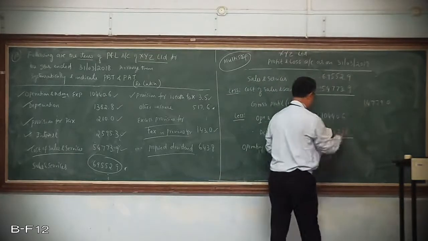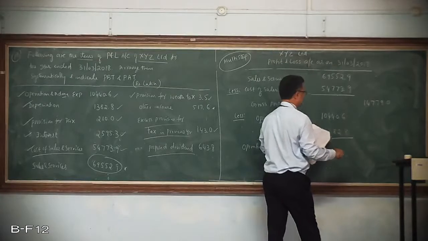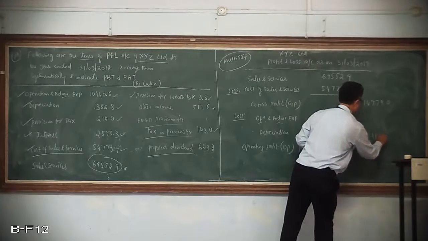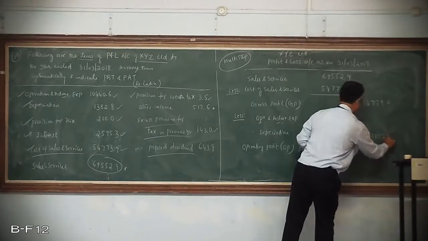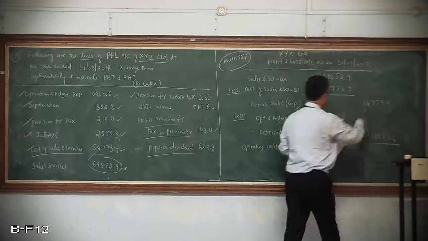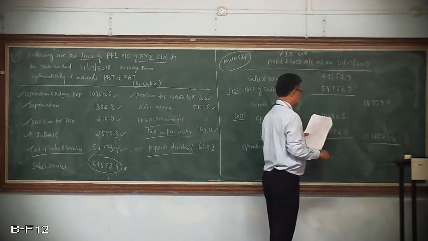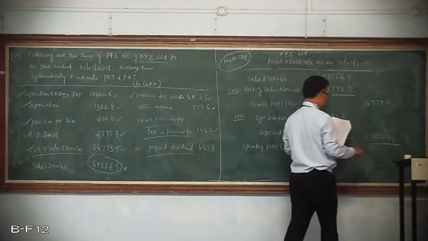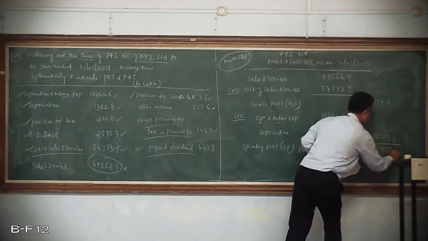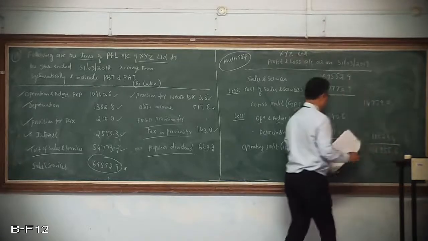So this is going to be 11,823.4. Subtract this value from GP. It's going to be 2955.6. This is PBIT.